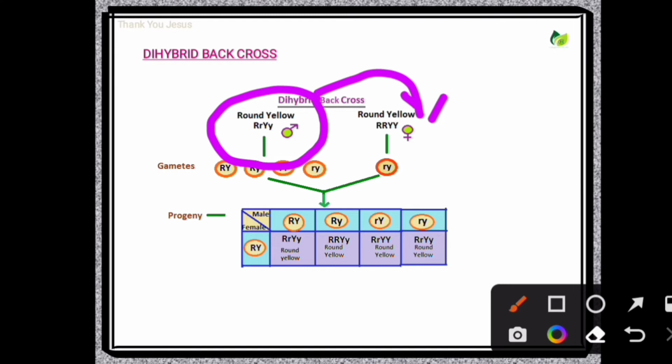That means no recessive individuals are obtained in this cross. Look at the picture. These are yellow round, these are also yellow round, here also yellow round, here also yellow round. So there are no recessive individuals in the back cross when the F1 individual is crossed with a dominant phenotype.